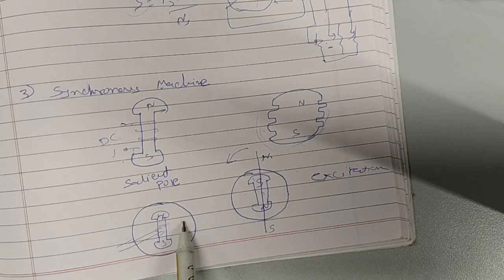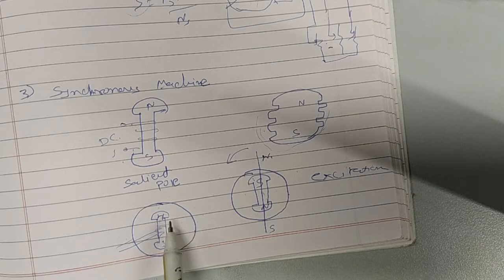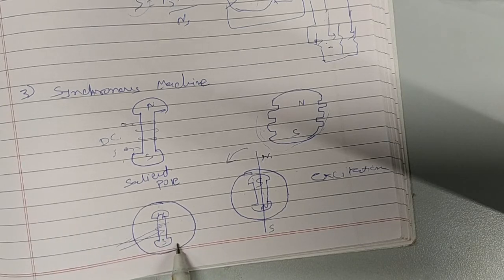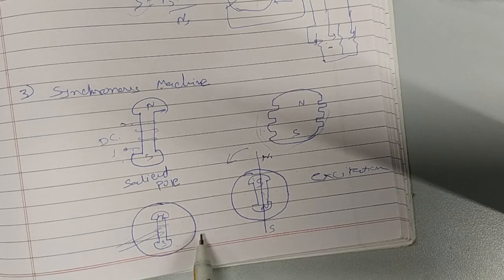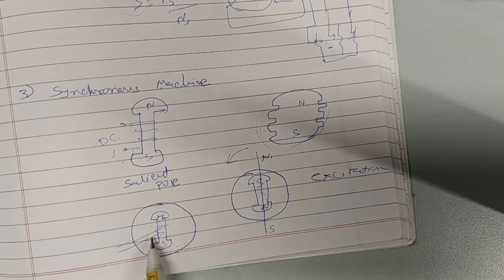We cannot use that power. Also, we can connect any kind of load here. It can be a lagging, leading or capacitive type of load, or a resistive type of load. So that is the basics of this.